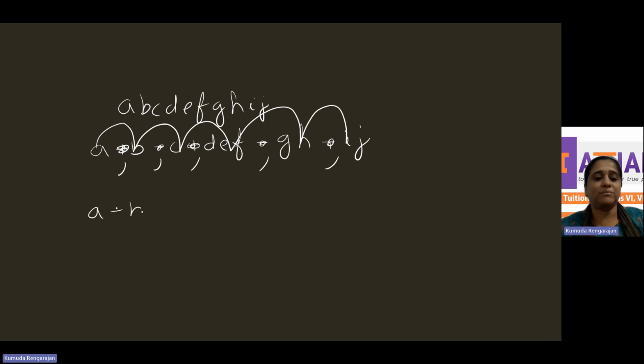So A minus B plus CD minus EFG. Okay. So 1, 2, 3, 4 terms. Correct? 4 terms. Now, read it. Monomial. Binomial. Trinomial. Quadrinomial.